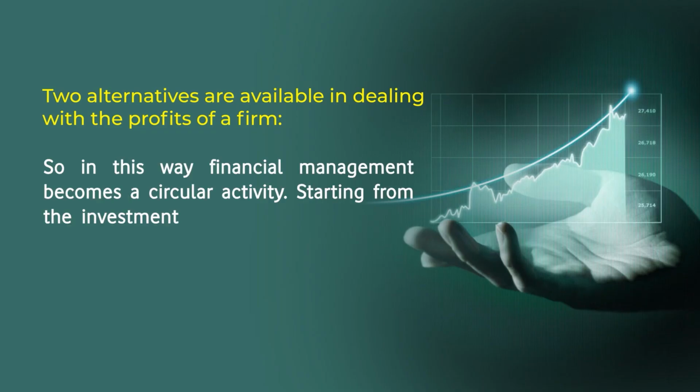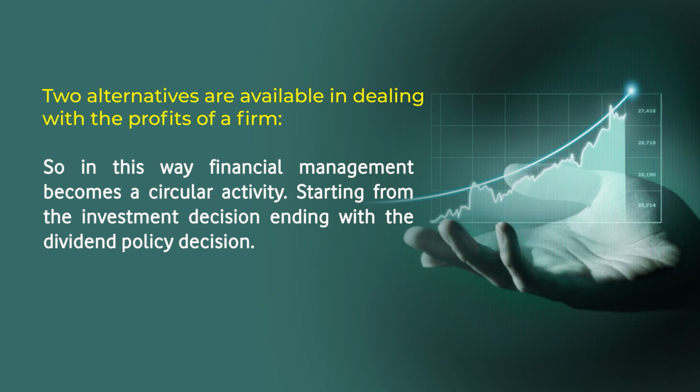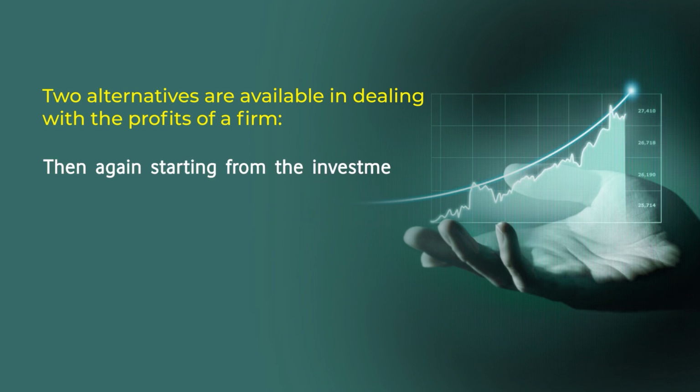In this way, financial management becomes a circular activity, starting from the investment decision, ending with the dividend policy decision, then again starting from the investment. So, it becomes a circular process. That was all about the financial management scope, or the decisions which a finance manager has to take while discharging his duties. Let us proceed further in the lecture.